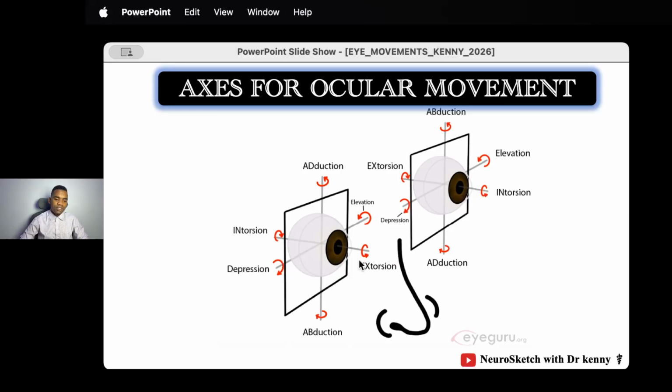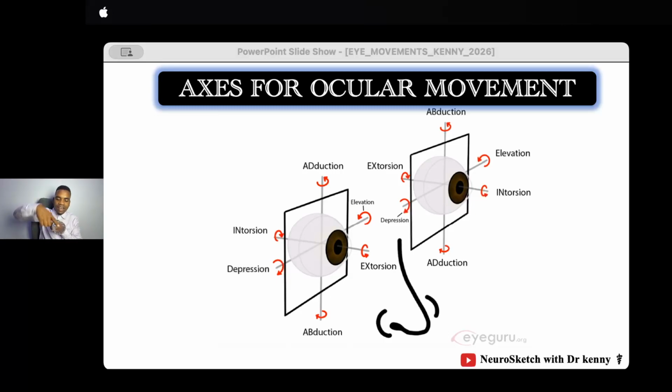Another thing which is extremely important in this discussion is the axes of rotation of the eye. We need to know the basic axes through which the eye can rotate. Number one, we have the vertical axis. The vertical axis goes through the eye like this.